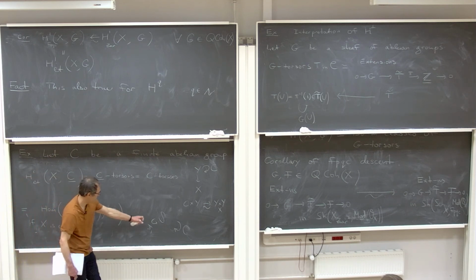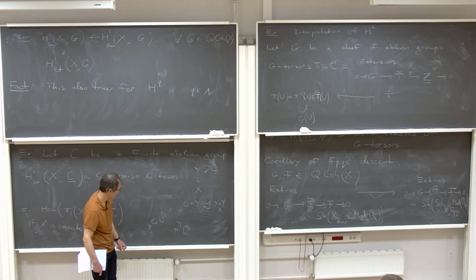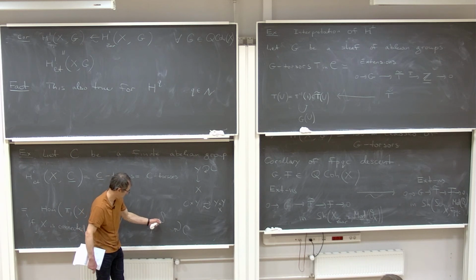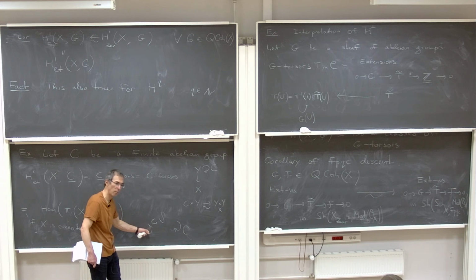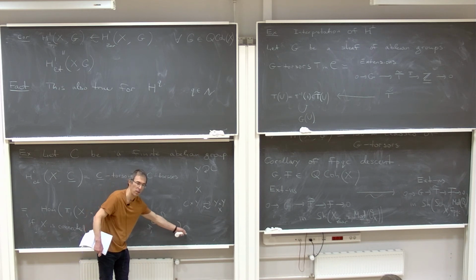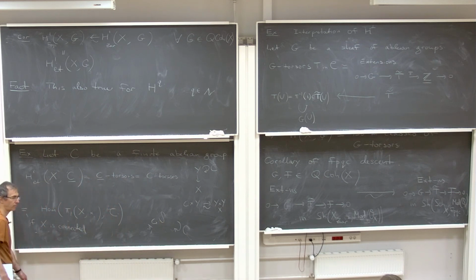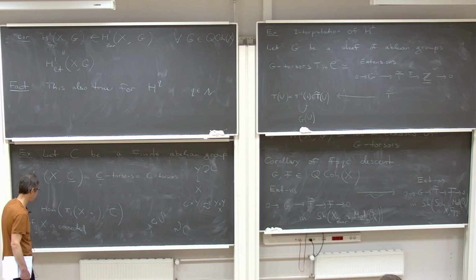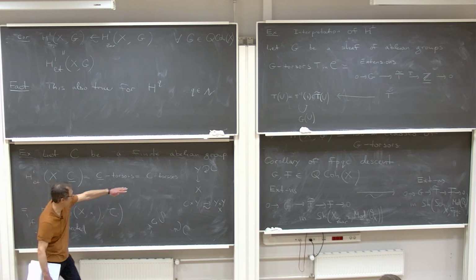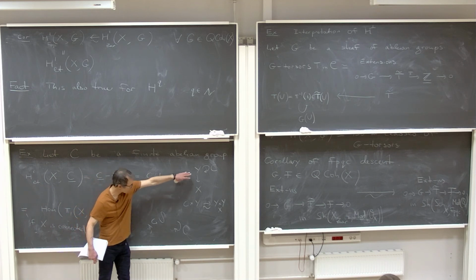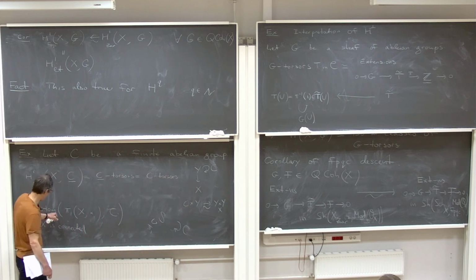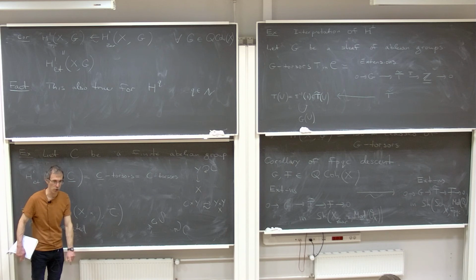Namely, you pick any point of S, so then this point identifies S with C, and then the action of pi 1 defines a homomorphism from pi 1 to C. It's important here that C is commutative. Otherwise, it will depend on the choice. If C is non-commutative, you can still interpret C torsors as homomorphisms from pi 1 to C up to conjugation.